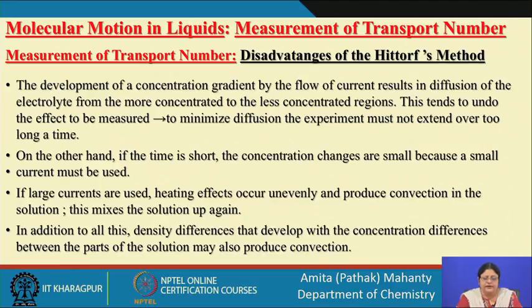The concentration gradient created by the flow of current results in the diffusion of the electrolytes from the more concentrated to the less concentrated region. This undoes the effects to be measured. To minimize this diffusion, the experiment must not be extended over too long a time.